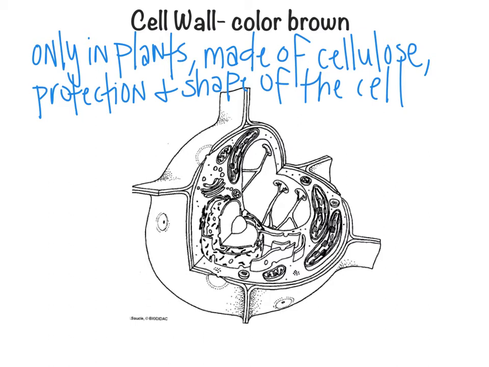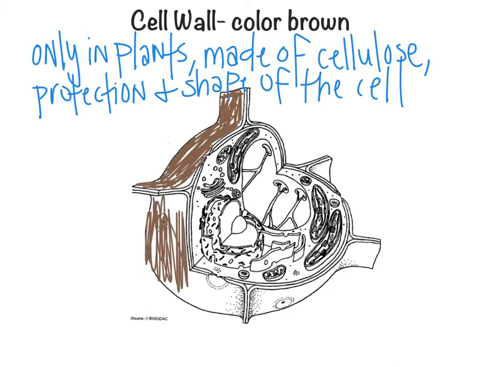So we are going to color this brown. Sorry I didn't get a better color, but it is on the very outside. So remember I struggled with you guys earlier to not color it with our cell membrane. Remember the cell wall is on the very outside, and then the cell membrane or plasma membrane is just right inside. So if you want to color this in, it's even going to be that little bit there.